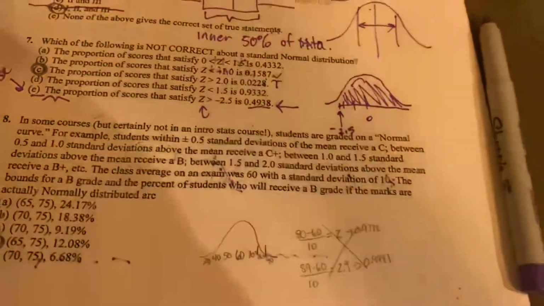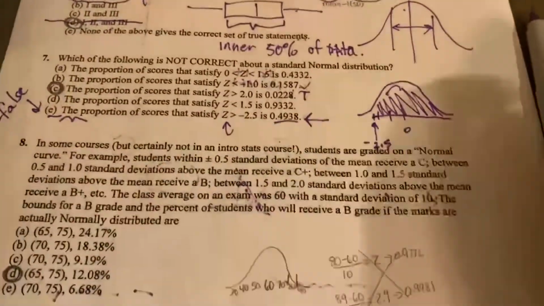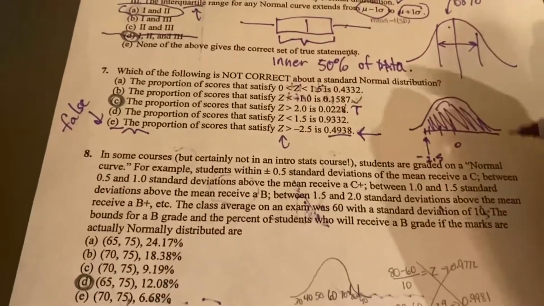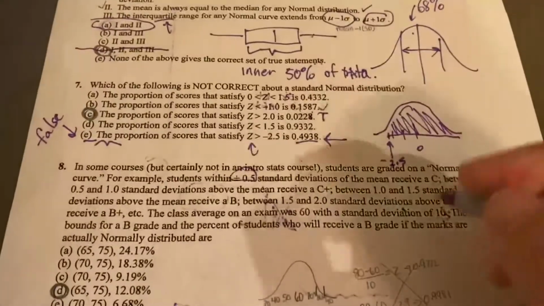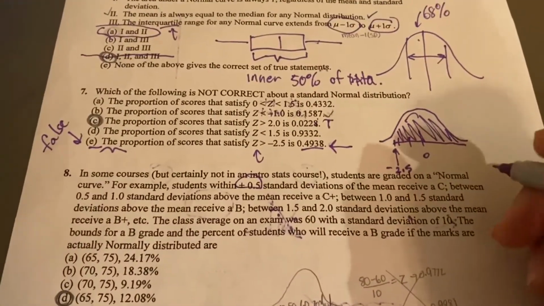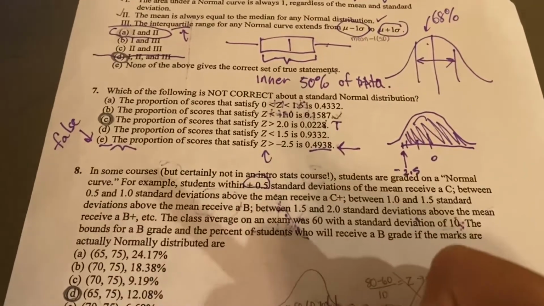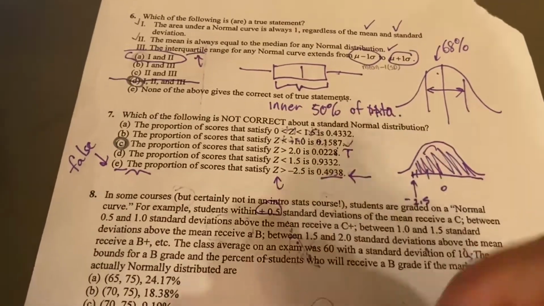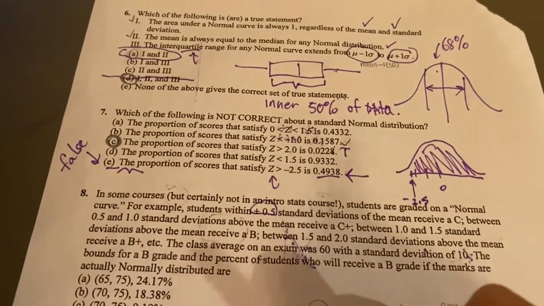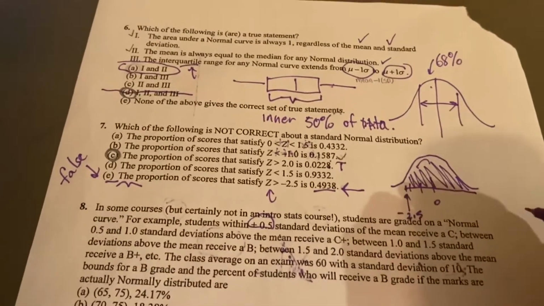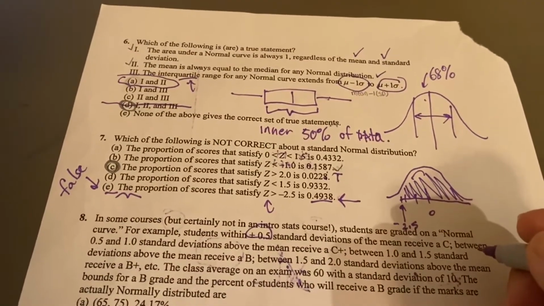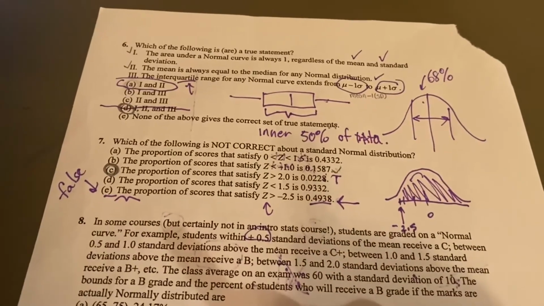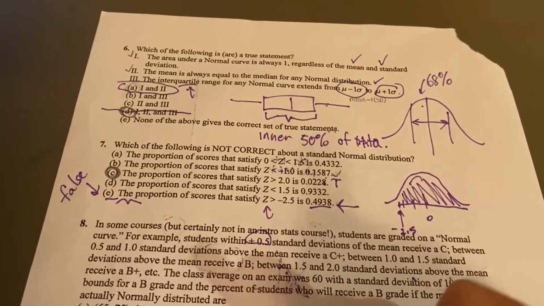All right, last one. It says in some courses, but certainly not in interest stats, students are graded on a normal curve. For example, students within a 0.5 standard deviation of the mean receive a C. So within a half of a standard deviation, receive a C. Between 0.5 and 1, they receive a C+.